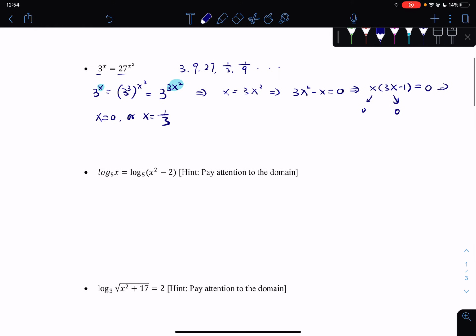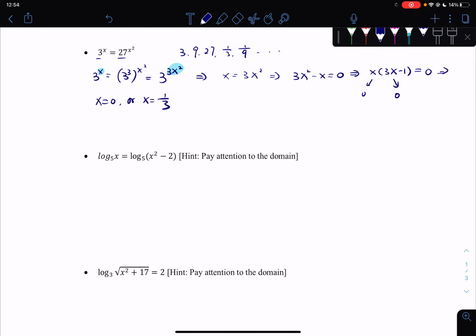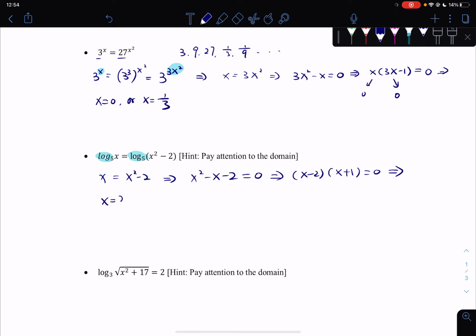So the next problem, similar idea. I have a log structure, both of which share the same base. So it's just one step. So x must be the same as x squared minus 2. Like I said, for a quadratic function, it's a good idea to move all terms to one side and factor it, or you use the quadratic formula. So once you got this, you end up with x being 2 or x being negative 1.